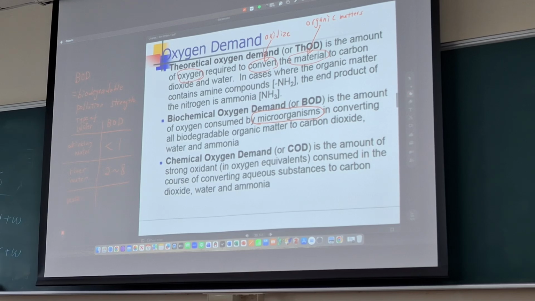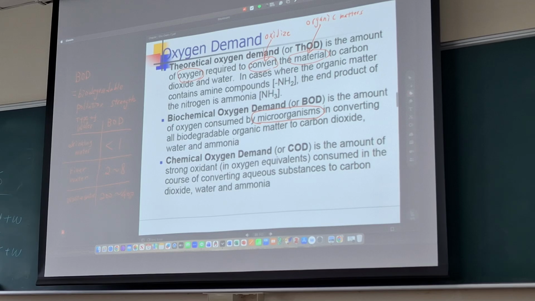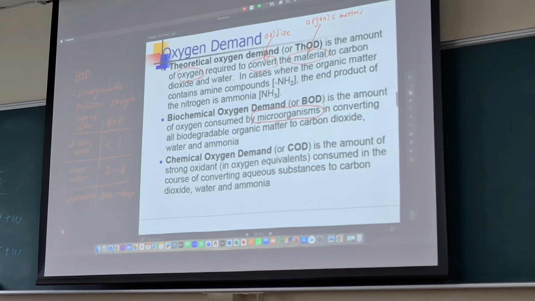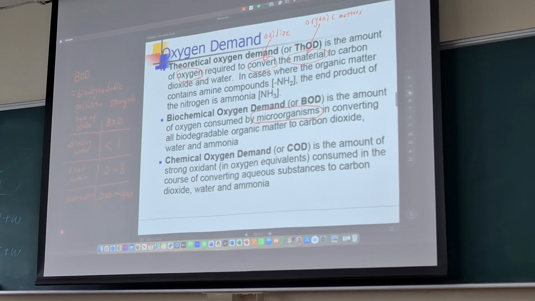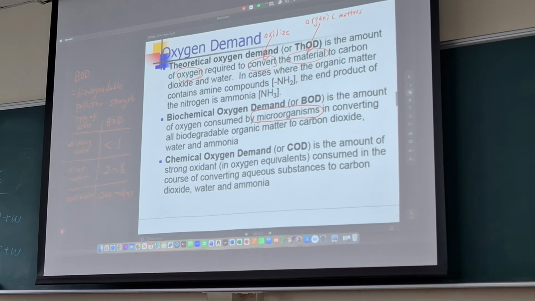And wastewater, the BOD will be huge, like 200 to 400. So the smaller the BOD, the more suitable for human beings to drink. That's the reason I say you can regard BOD as biodegradable pollution strength.